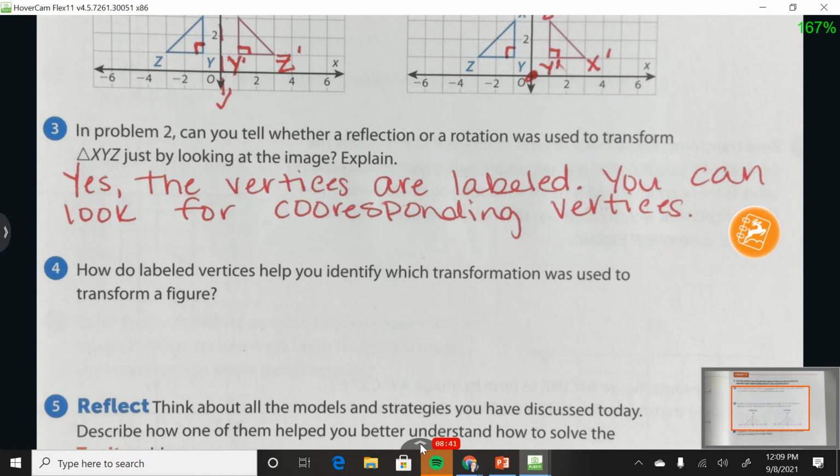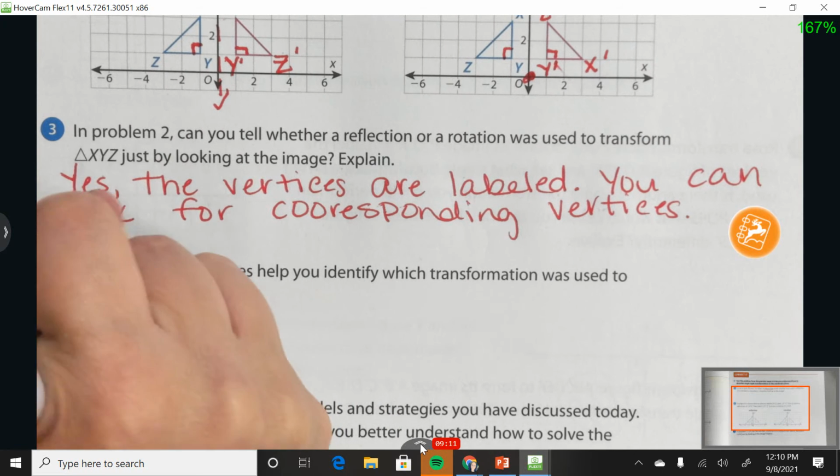Right, number 4. How do labeled vertices help you identify which transformation was used to transform a figure? So, how can we tell? We can look for what? Yes, somebody said it. Corresponding angles. We can look for the corresponding angles. And we can look at the location and orientation, right?